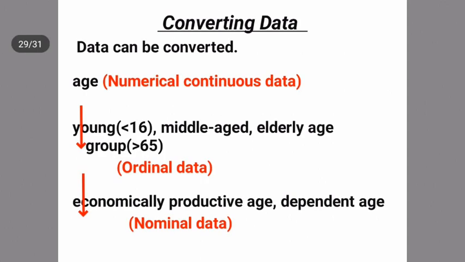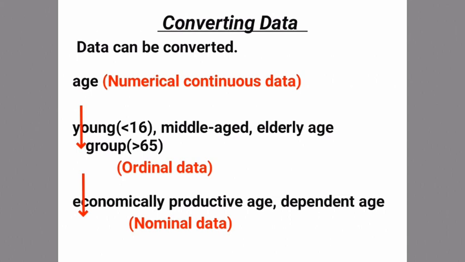However, the type of data is not fixed. We can convert one type of data into another. For example, if we wanted to know the age of Chinese people, age was measured in years. Each person has an exact age value, so it is numerical continuous data.